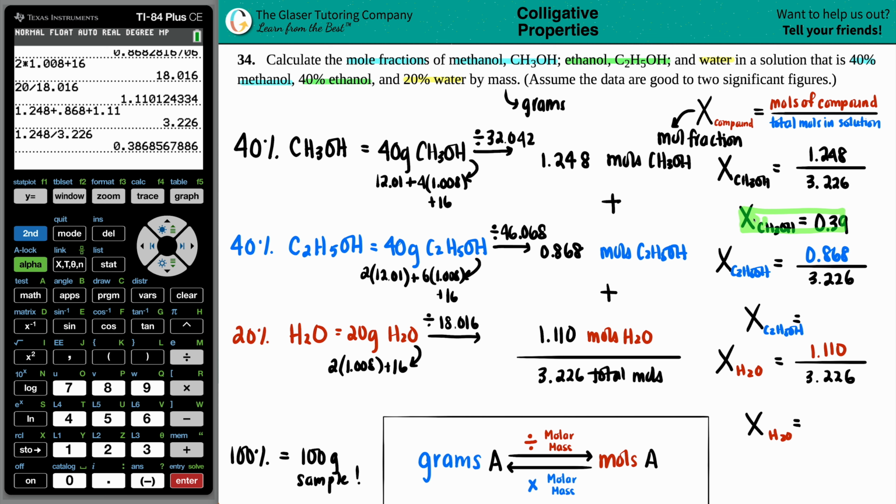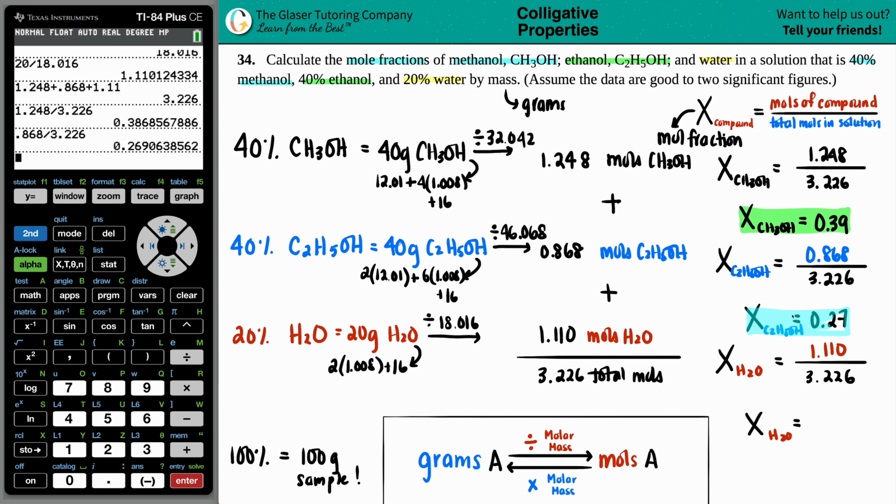So let's box that off, one answer down. And keep in mind that mole fractions have no units. They are unitless. Now let's do the ethanol, 0.868 divided by the total moles. 2 sig figs, 0.27. 2 answers down.